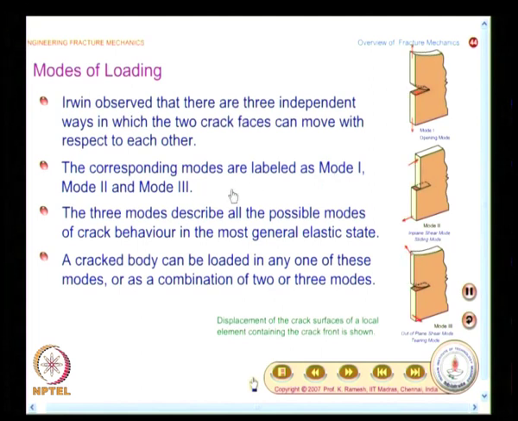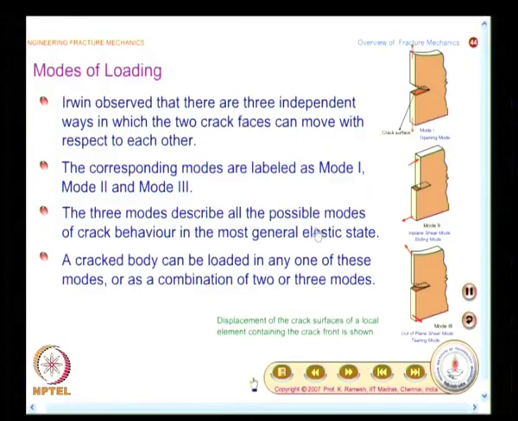And what is the beauty of this concept is the 3 modes describe all the possible modes of crack behavior in the most general elastic state. So, you will have a combination of mode 1, mode 2, mode 3 of various proportions in a generic problem.